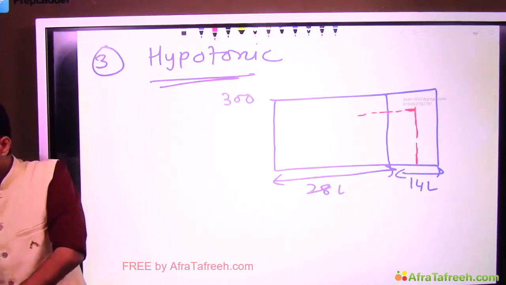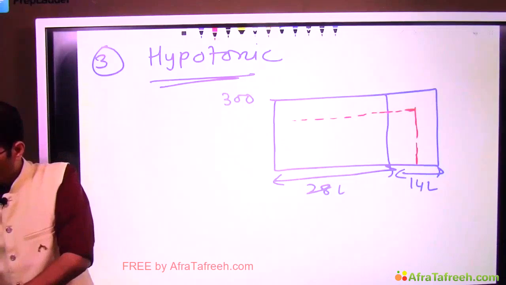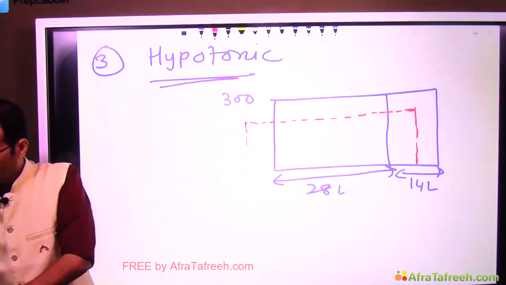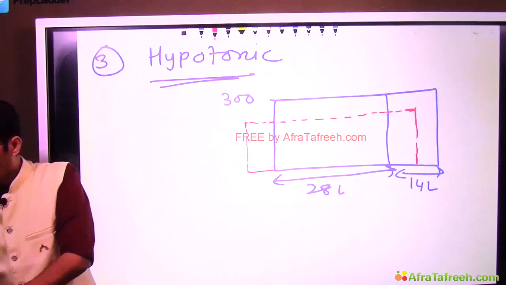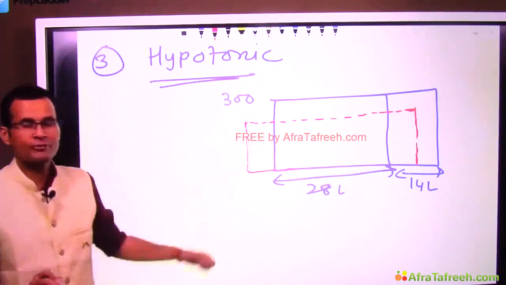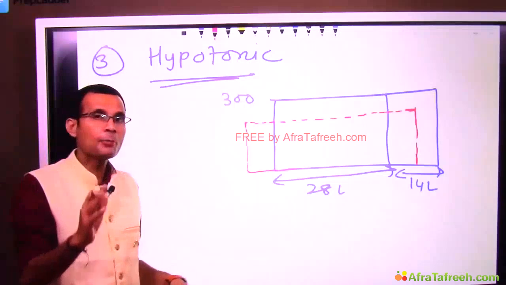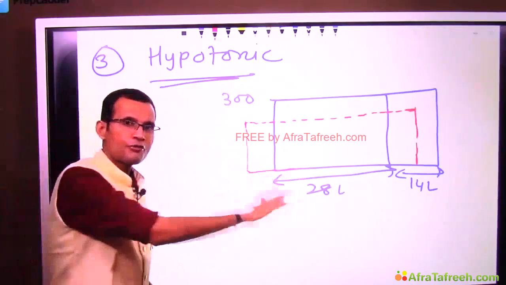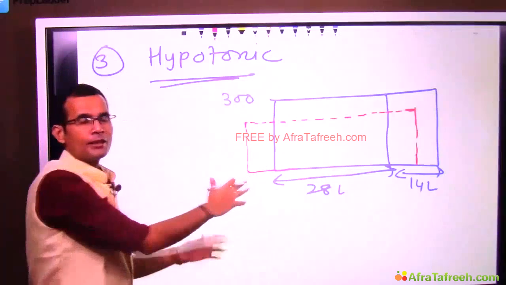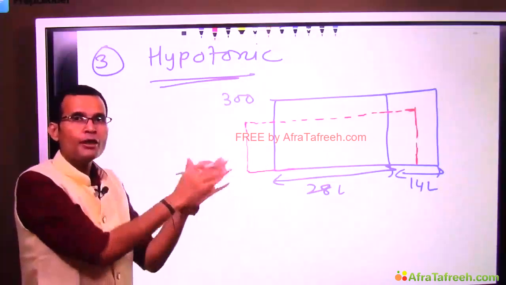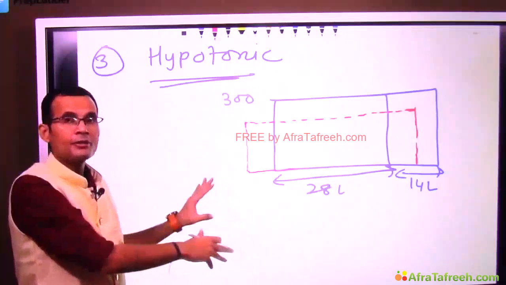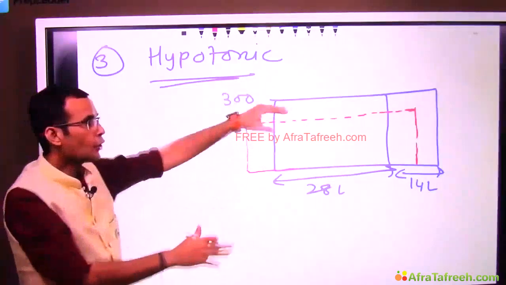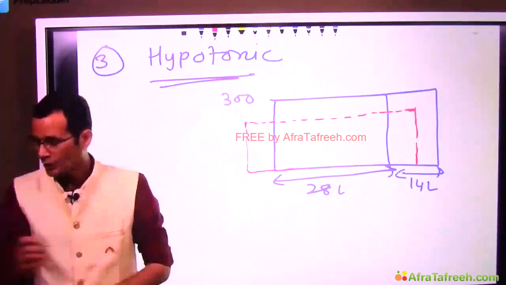And if ECF is hypotonic, you know what will happen? ECF water will shift into the ICF because ECF is hypotonic. So ECF water will shift into the ICF. That means ICF volume will increase secondarily till they reach the osmotic equilibrium.